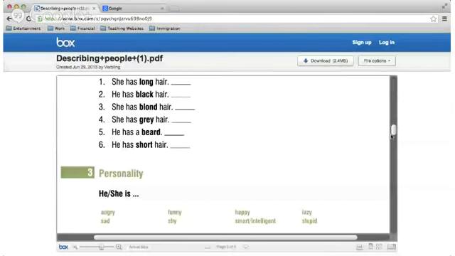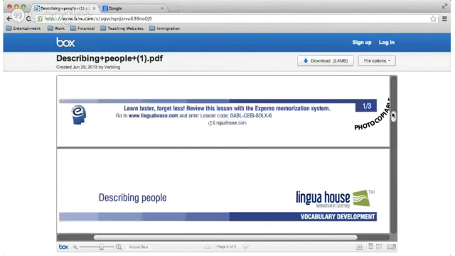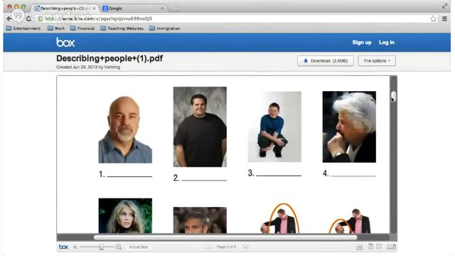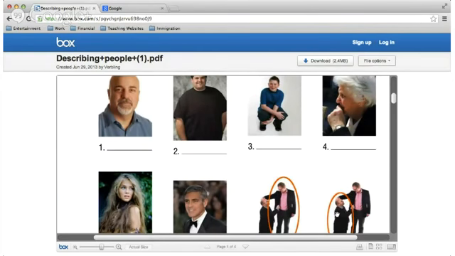So 6, he has short hair. Well, we've got a couple people here with short hair: 8, 7, 6, 3, and 2.